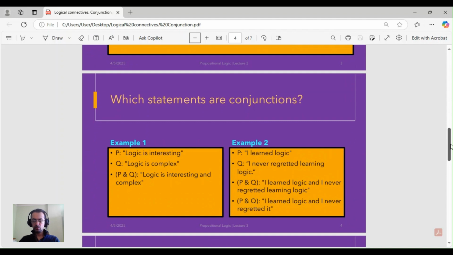But in a natural way, we can replace the word combination learning logic with the pronoun it. You can see in the last statement, I learned logic and I never regretted it. Here it refers to learning logic.